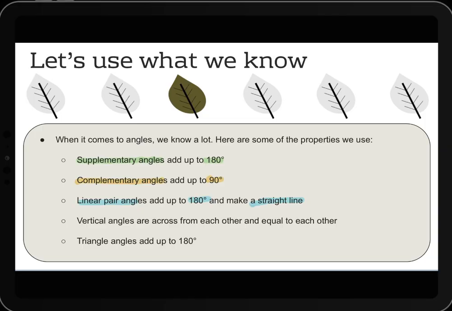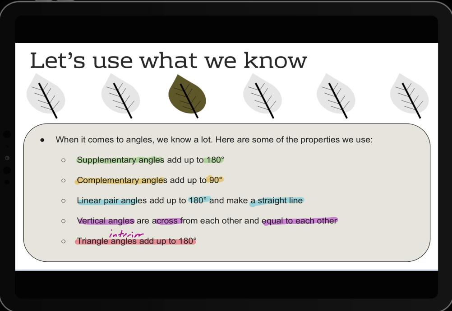We also know that vertical angles are across from each other, so they're opposite each other in a sense, and they're equal to each other. And then, of course, as we just discussed, we have our triangle angle sum theorem, which is what this is referring to here, specifically the interior angles, right? The interior angles add up to 180 degrees.